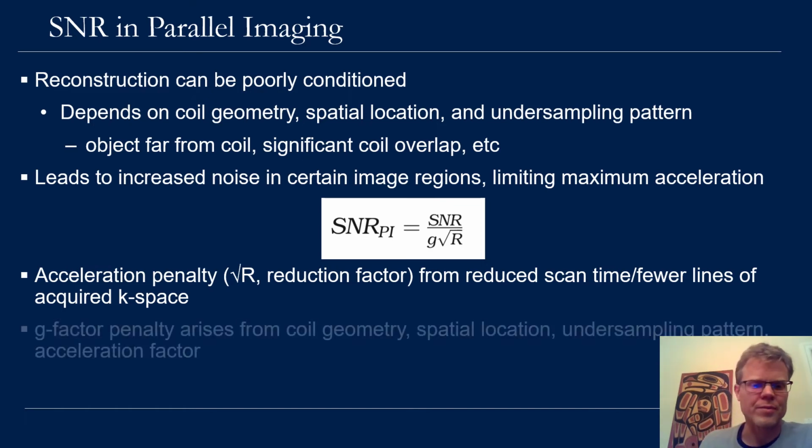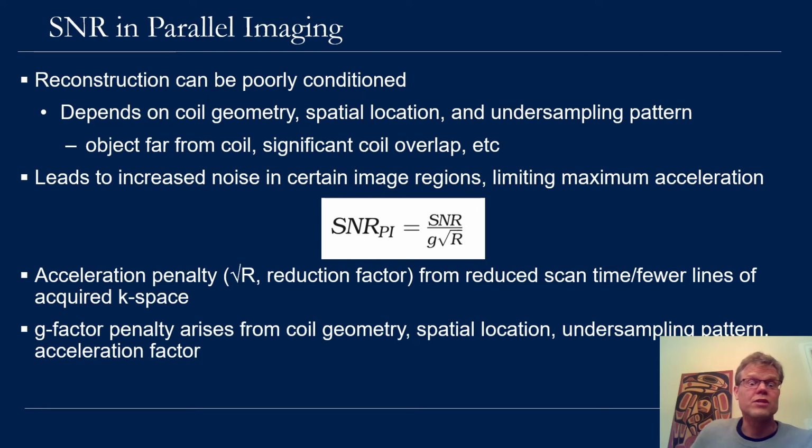But we have one other term here, and that's the so-called G factor penalty. This captures how good or how bad our coil geometry, spatial location, undersampling pattern, and acceleration factor are. How good a job can they do in supporting the parallel imaging reconstruction problem?